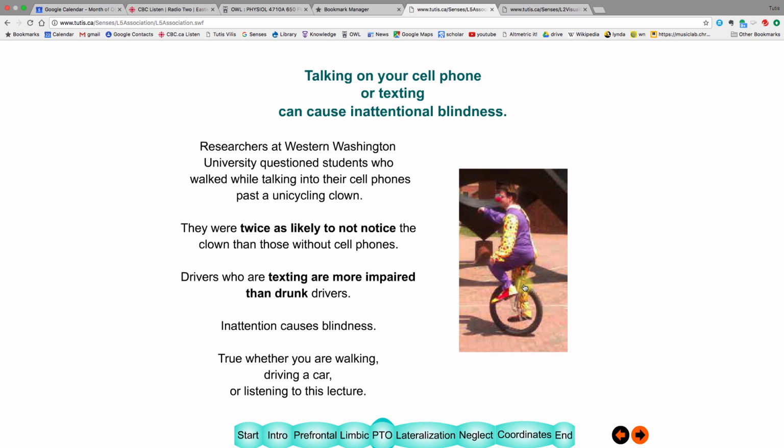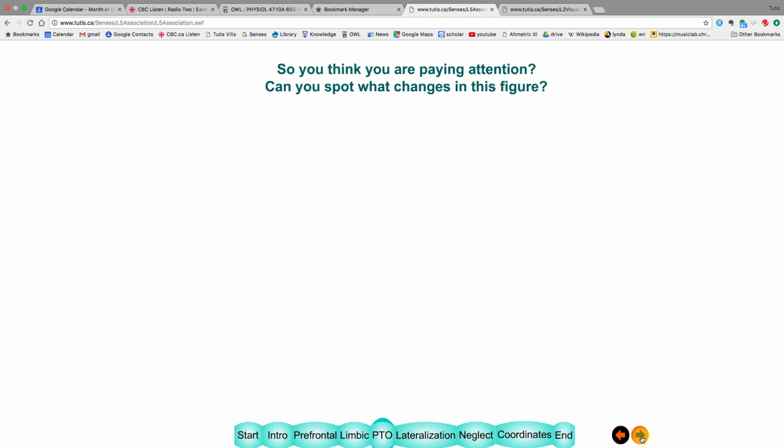And if you were walking with a cell phone, the odds are you wouldn't notice him, because your attention was elsewhere. So inattention is like blindness. If you're texting and driving a car, you're as impaired as you would be if you were drunk. And I'll show you, hopefully to convince you, that if you don't have attention, you won't remember this or notice this or anything else in this lecture.